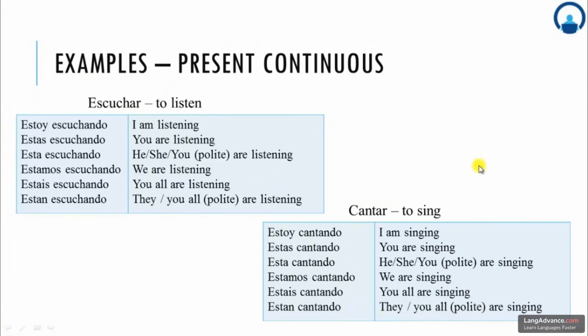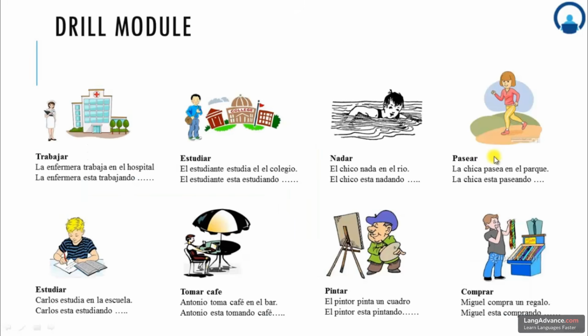Now let's see some more examples. Here I've got the same examples which we have seen in the present tense. Now what we'll do is we'll compare the present tense and also revise the present continuous tense so that you are clear how, with the AR verb, you can make it the present tense and how you can make it in the present continuous tense.